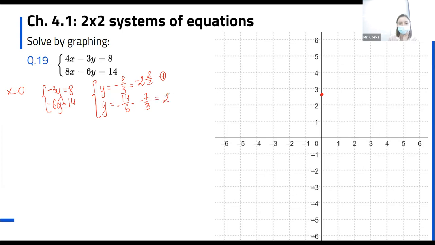Here is minus 2 and 1/3. Oh, I forgot about the minus. We need to go down. So minus 2 and 2/3 is over here, and minus 2 and 1/3 is over here.